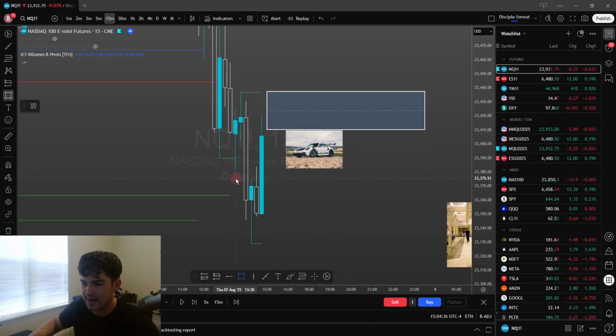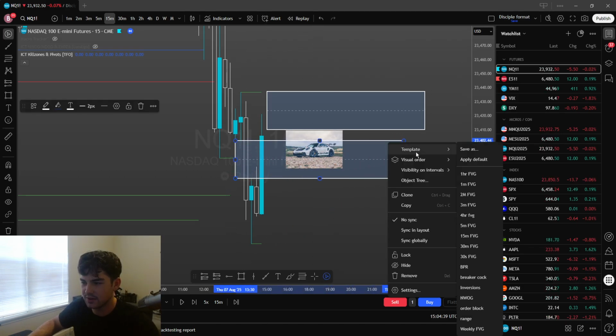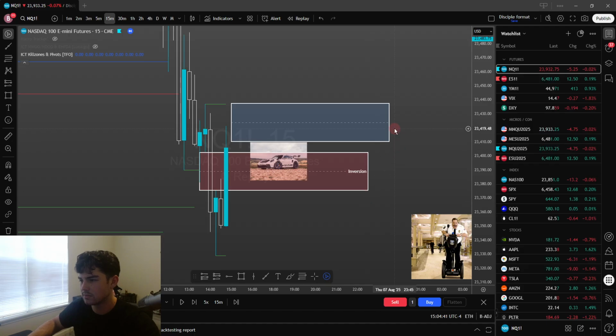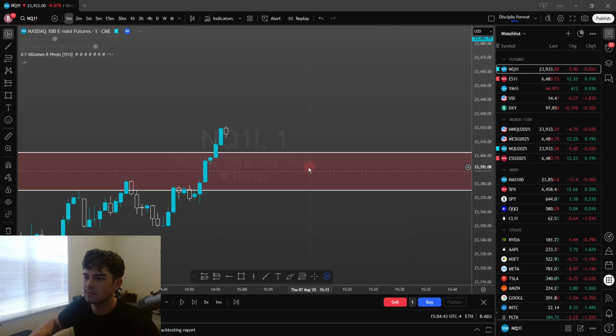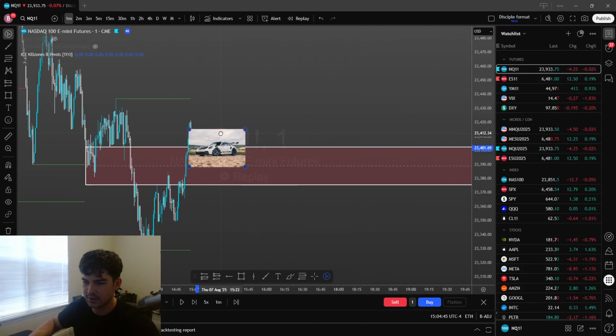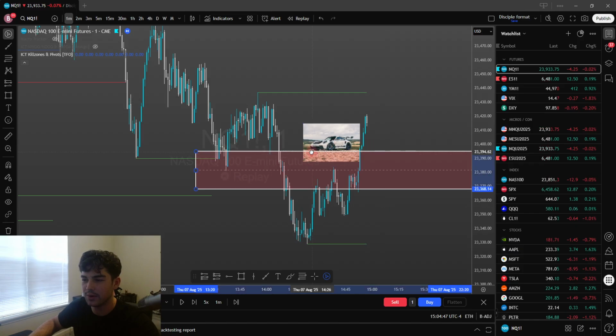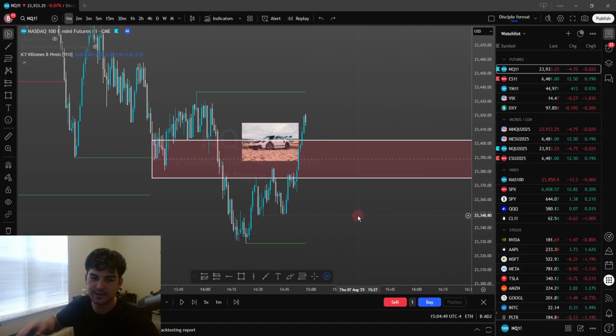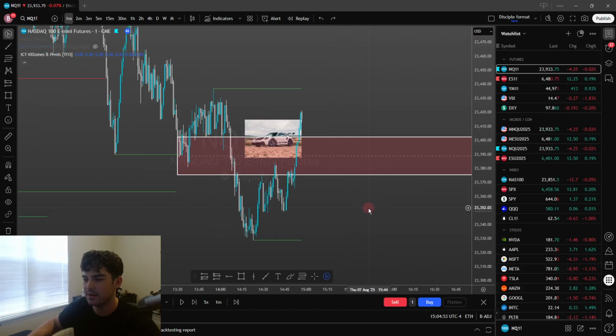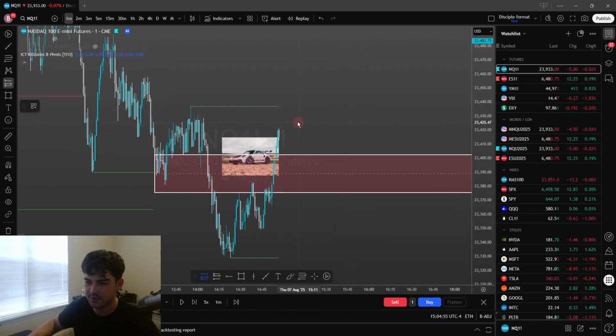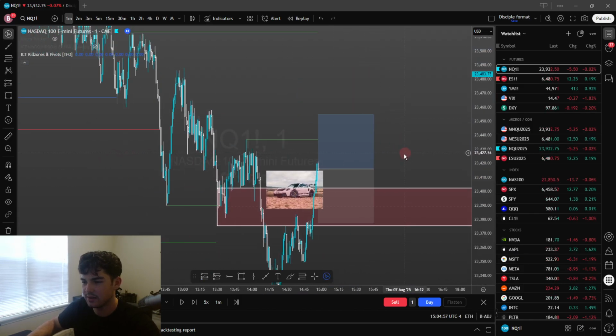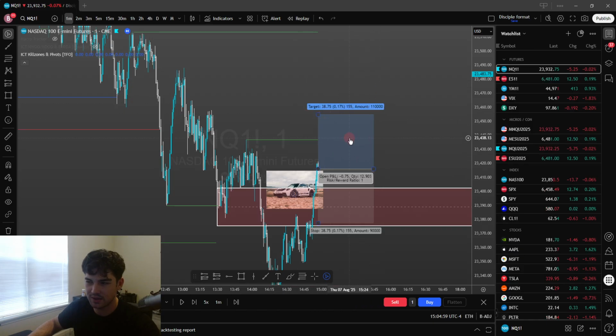So let's draw this gap out again as an inverse fair value gap. This is what I'm looking for. But this does not mean that I need to get in right here, okay? Because if you're taking a long position, okay, I'm not sure if everybody's familiar with this tool.